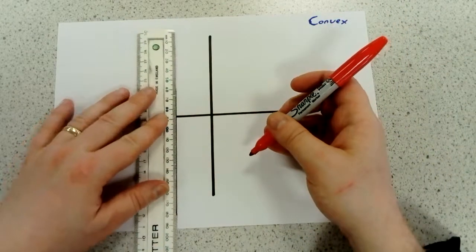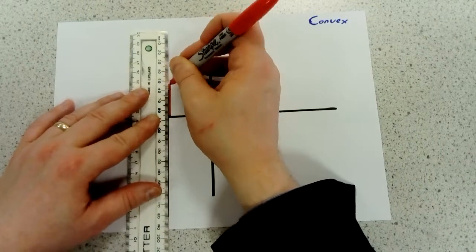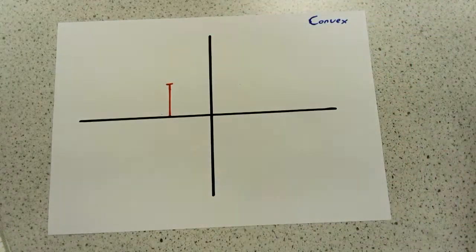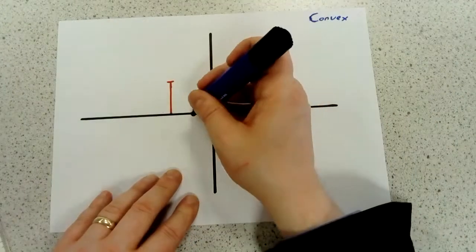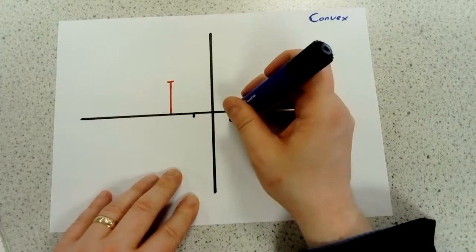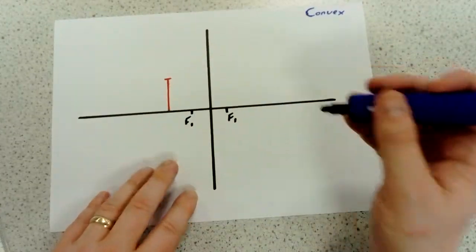It will tell you that it is a convex lens, and it will show you where the image is. That image will have a certain height. It will also have the focal point already written on.